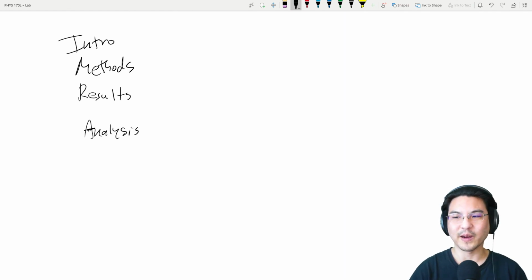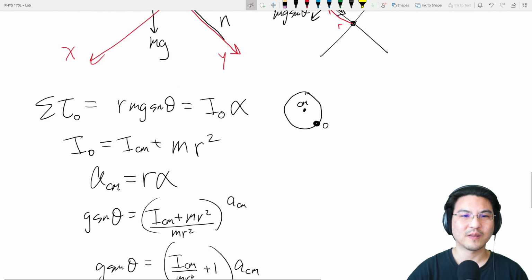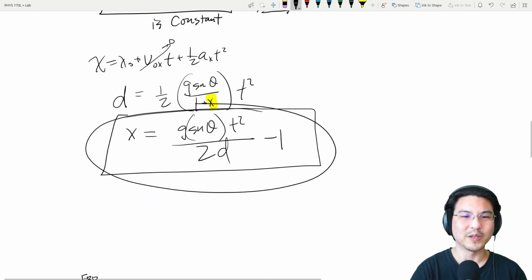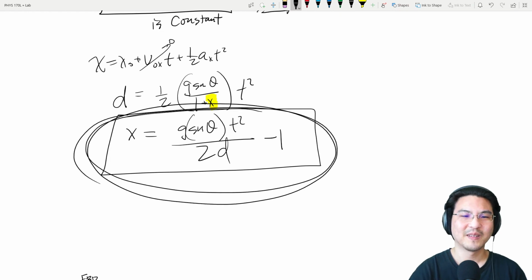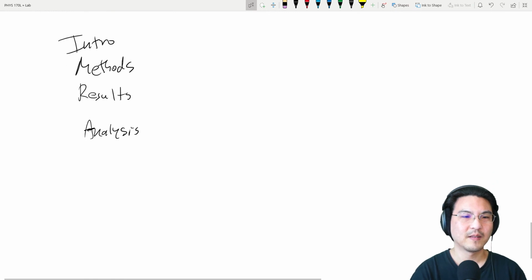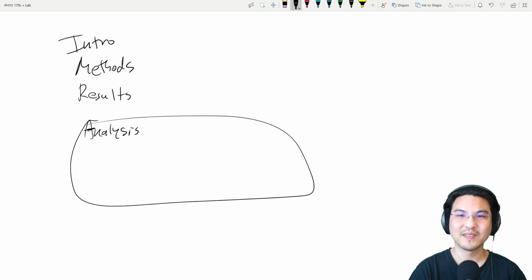Here you can compare what you calculated, what you would expect to get based on the shape, and then compare it to what you actually measured. And also sources of error.